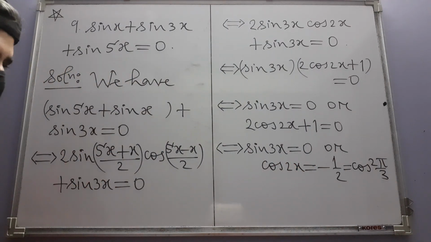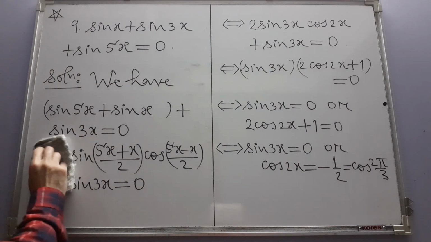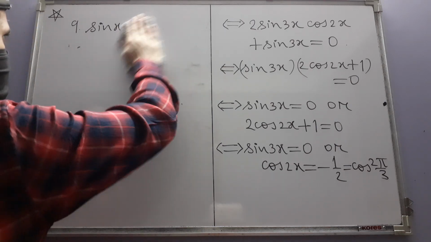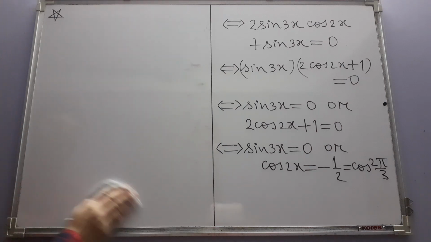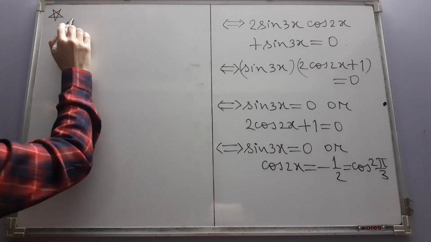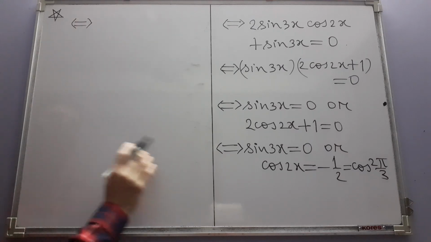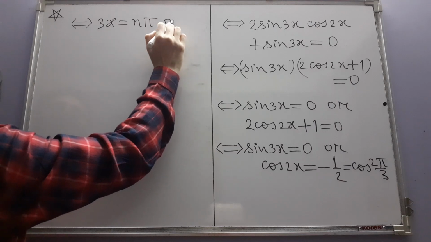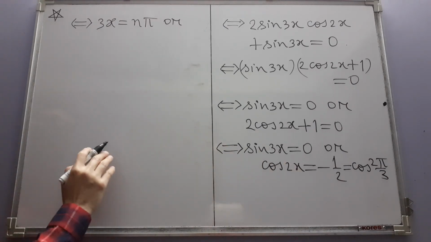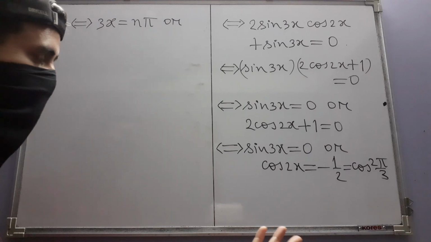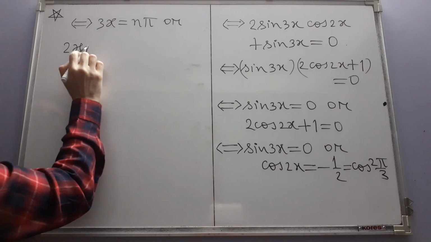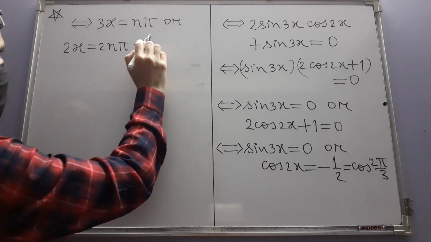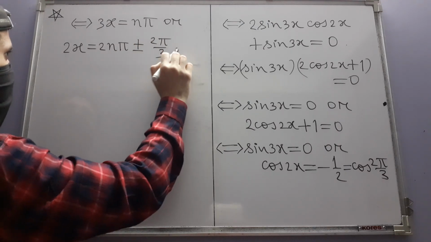Now we can write the general solution for both the parts of our entire equation. So 3x should be of the form n pi, or from that one, again cos x equal to cos alpha, so 2x is 2n pi plus or minus 2 pi over 3.